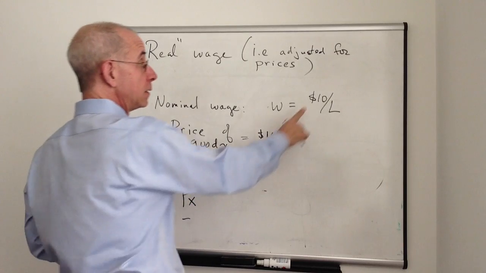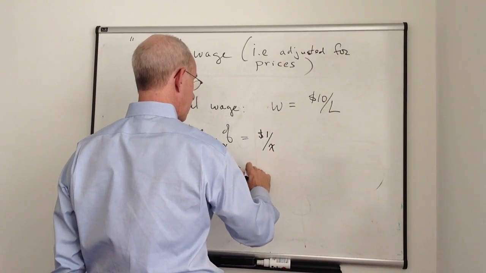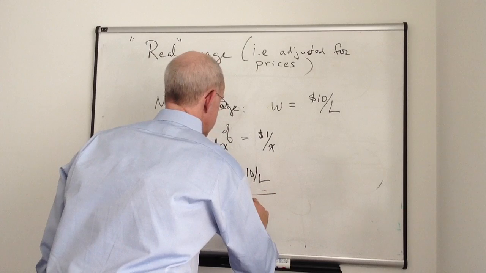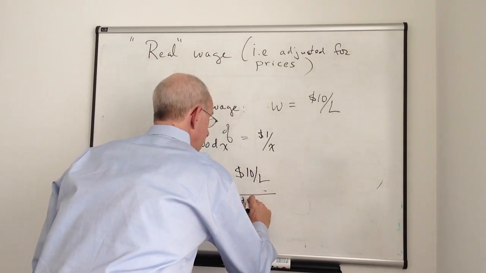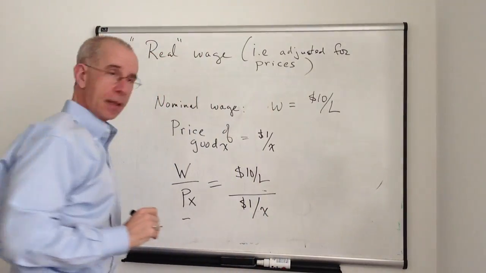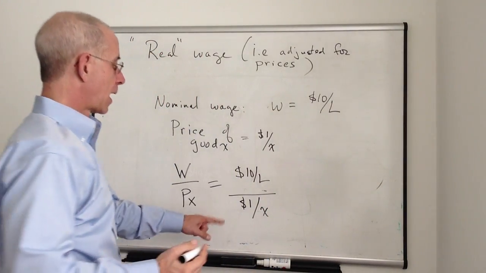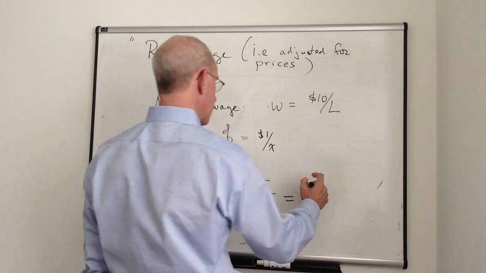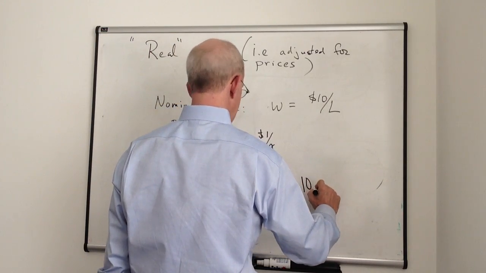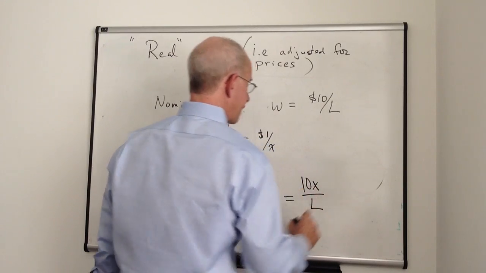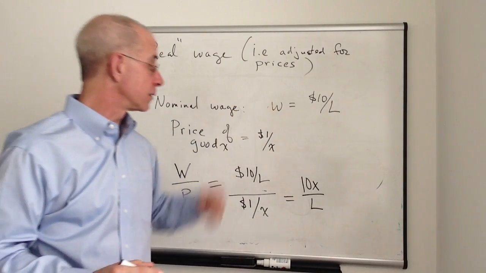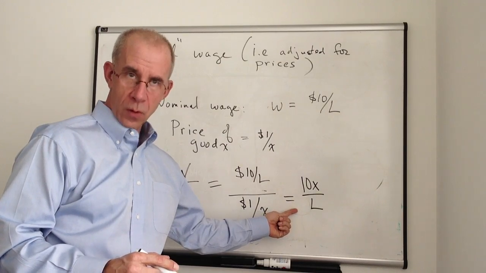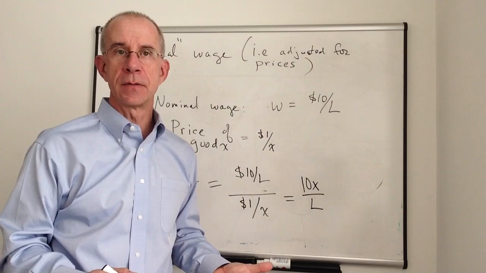So we're going to plug in $10 per worker, and we're going to divide it by the price of X. And with a little bit of algebra, canceling the dollars and flipping things around, what we get is that a real wage of $10 is 10 units of X for every worker hour that is expended.